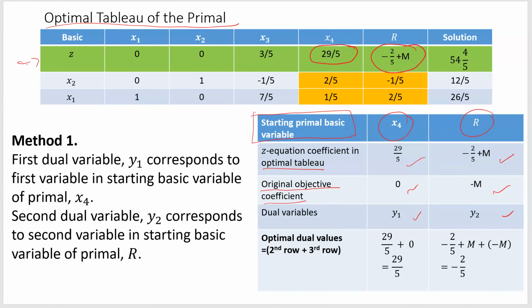Then we can find the optimal dual values. Optimal dual values here means the values of y1 and y2 when the dual problem is optimal.